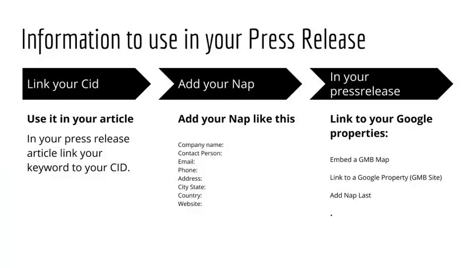All right, now just to recap, does this slide start to make sense a little bit more? You already know about your CID, right? And then add your NAP, that's name, address, and phone number. You already know about that. And now you know in your press releases, you know to embed your GMB map.